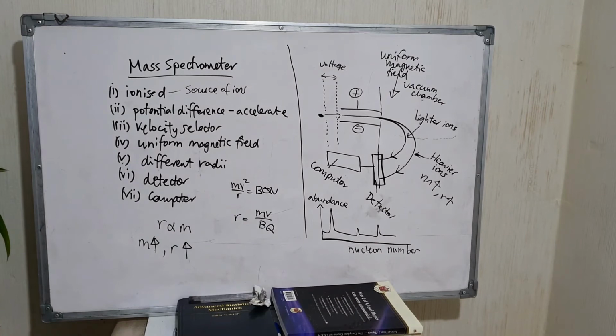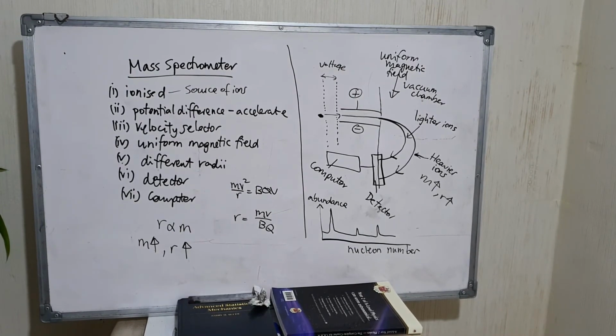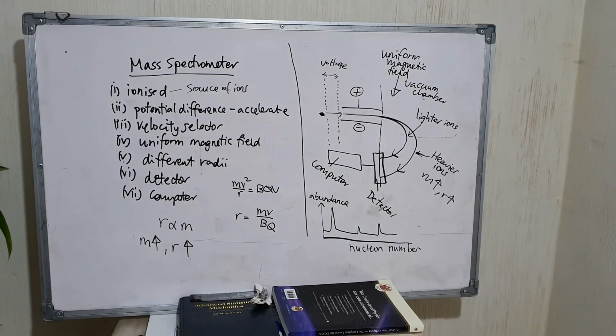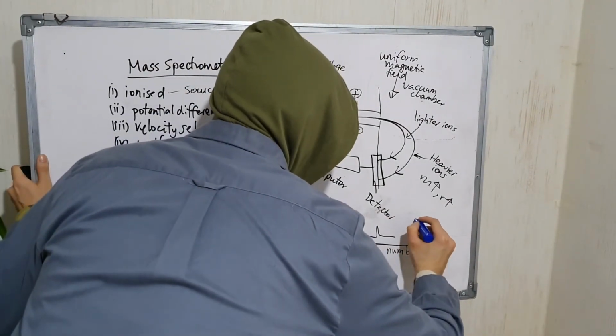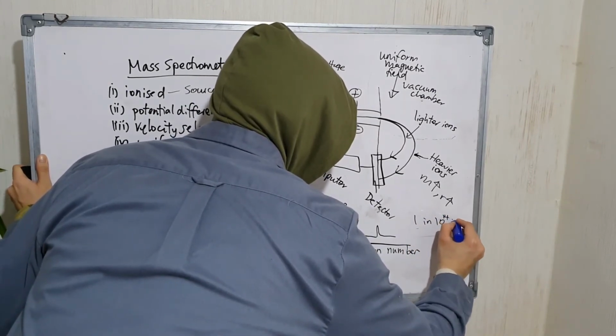That could be an example of a graph. Now, modern spectrometers are capable of identifying relative abundance as small as 1 in 10 to the 14 ions.